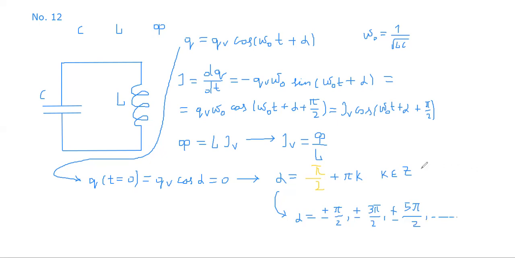Okay, so we can use any of these. But the most useful is alpha equal to minus pi divided by 2. This is the most useful, because here we have alpha plus pi divided by 2.